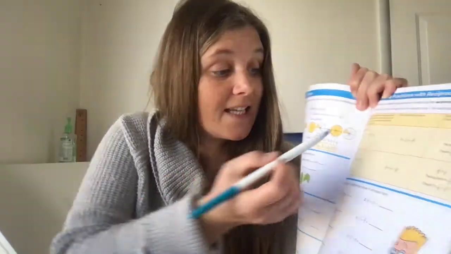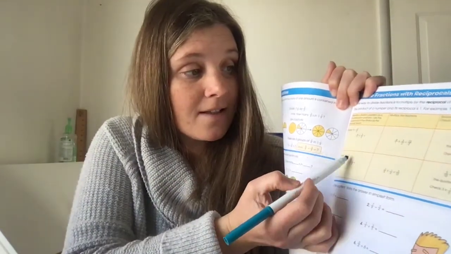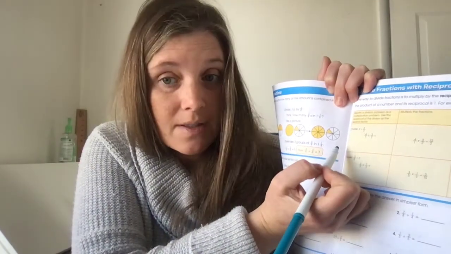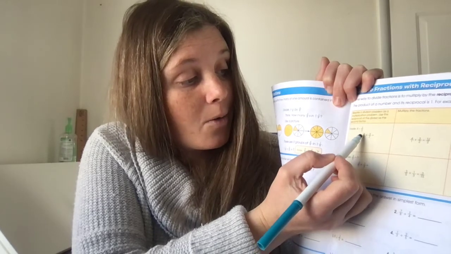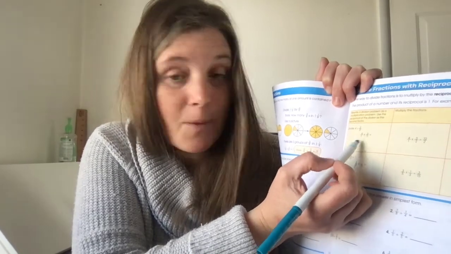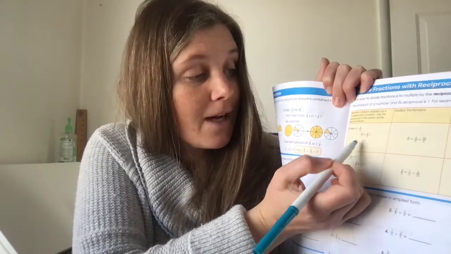That's the number that we're dividing by. And we did these 2 examples. Let's look at the first one. 4 divided by 2/3. We put a 1 under the 4. We do times. And we flip the fraction. Times 3/2.